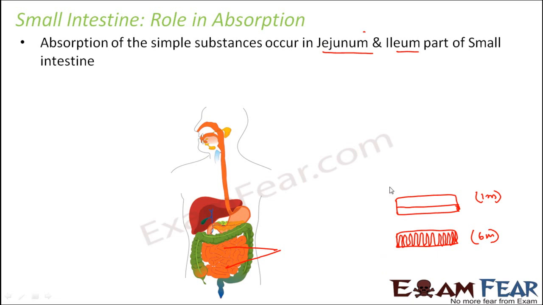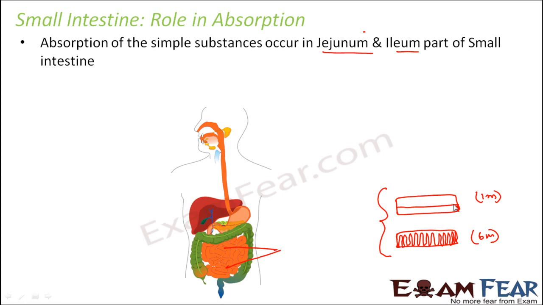Now the exact same thing happens in the case of the small intestine. The entire small intestine has small outgrowths called villi, right? And those villi help in the absorption of nutrients. That means the greater the length of the small intestine, the greater the absorption.